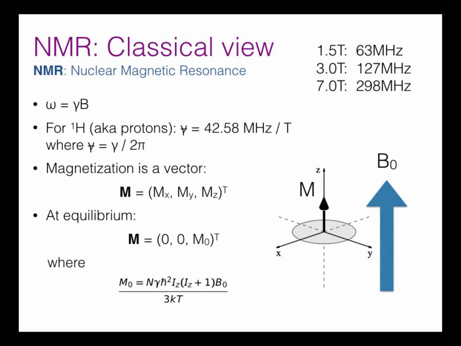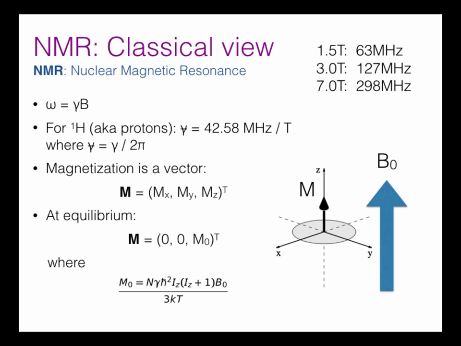But at equilibrium, when you introduce it into the magnetic field and let it get to equilibrium, it's all aligned along the B0 direction, which by convention we consider to be the z direction. So this is along the bore of the magnet, and in every voxel you can think of it as having a tiny little bar magnet of magnetization, or even subparts of a voxel, aligned along the main magnetic field.